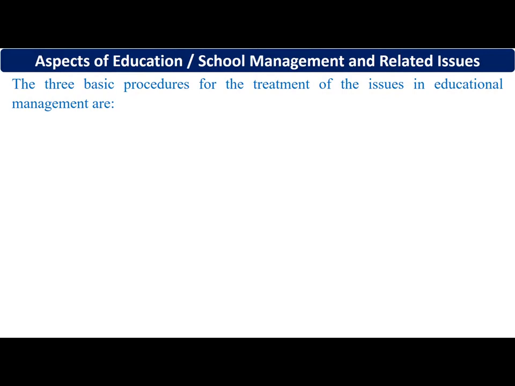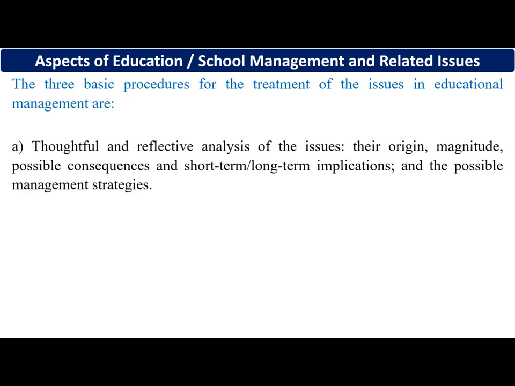There are three basic procedures for the treatment of issues in educational management. So, what are those? The first one is thoughtful and reflective analysis of issues, their origin, magnitude, possible consequences, and short-term or long-term implications, and the possible management strategies.